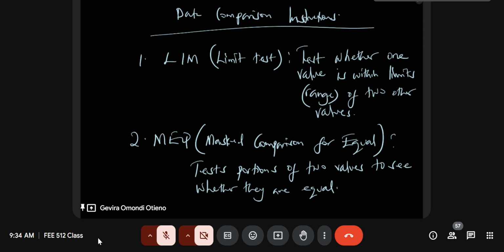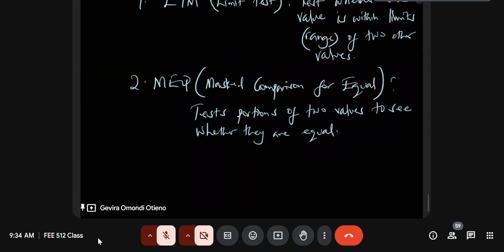So if you have a 1, then you can do the comparison, whether the source is equal to the destination or the information that you're given. If the mask is a 0, then now you are not allowed to do a comparison. You simply retain what was in the destination. But here you're doing a comparison. You're not moving. You're simply doing a comparison. So this is called masked comparison for equal. It's not masked move. You're simply comparing.